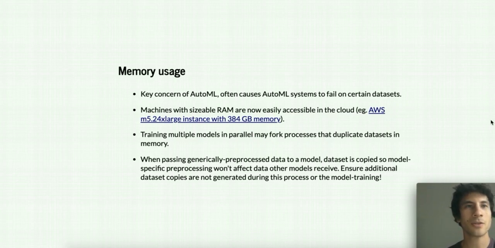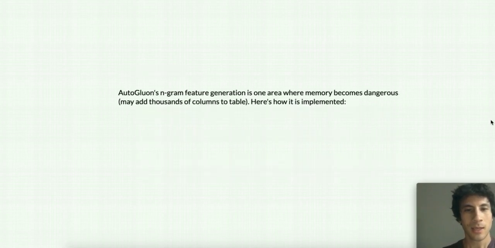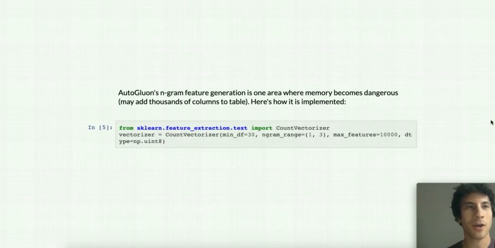AutoGluon's n-gram feature generation in particular is a concerning area regarding memory because it often adds thousands of additional columns to the table. Here's how we implement it in AutoGluon to avoid memory issues as much as possible. We use the scikit-learn CountVectorizer here, which implements n-gram processing, and we cap the maximum number of n-grams at 10,000.